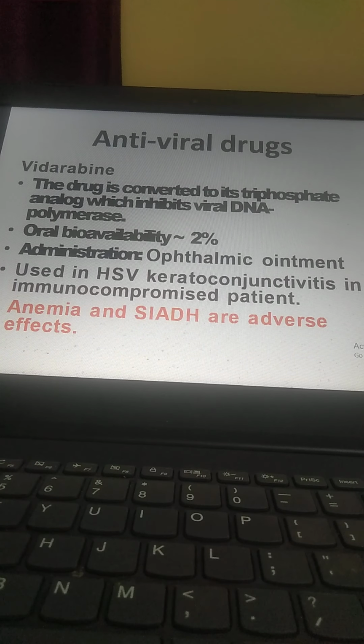Oral bioavailability is only 2%. Administration is ophthalmic, also as an ointment. Use it in HSV keratoconjunctivitis in immunocompromised patients. Adverse effects are anemia and SIADH, the syndrome of inappropriate antidiuretic hormone. Once we give vidarabine, these are the two adverse drug reactions which take place.